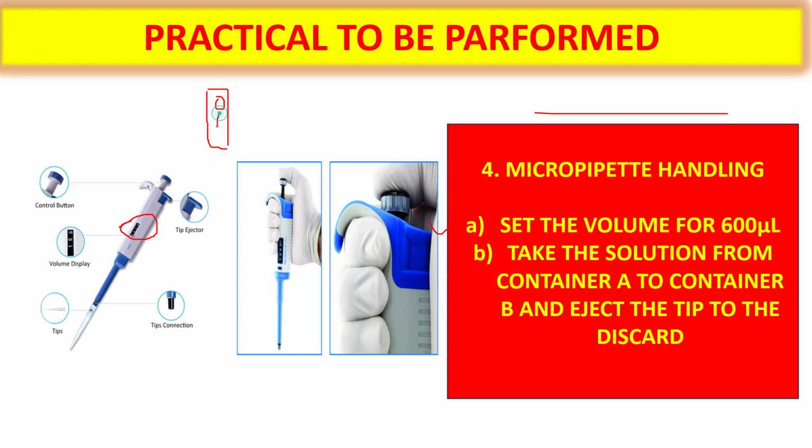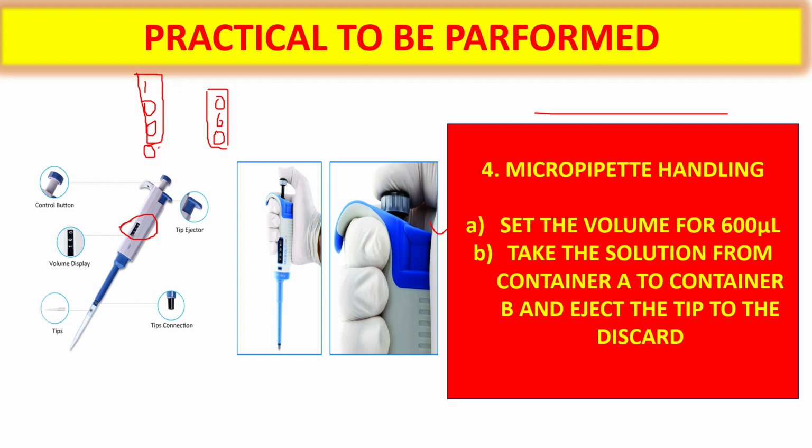For that you have to set it as 060. Why? Because if it is a 1000 microliter pipette, then it shows 1000, and it will only show 3 digits. So the upper 3 digits you can see in this micropipette.